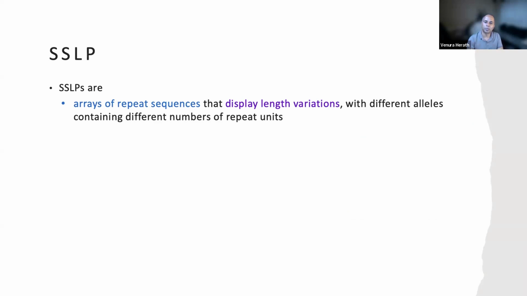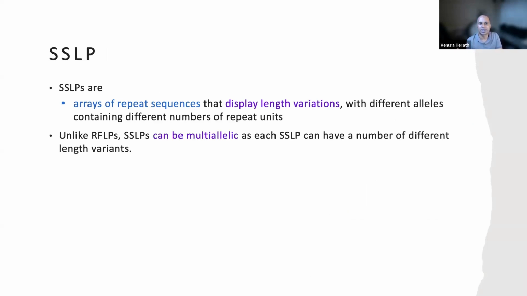If you compare this with RFLP, SSLPs can be multi-allelic, because each SSLP has a different number of length variants. This is a big advantage. I don't know whether you had experience with SSR; remember when we talked about codominant and dominant markers. You can separate the codominants using these markers as well.